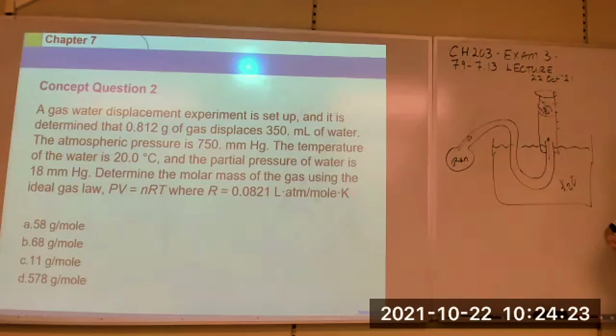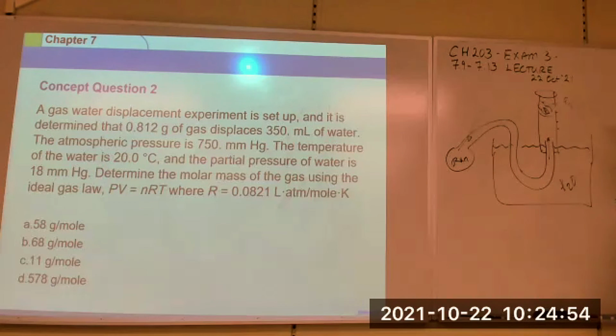The problem is, it's not just the gas in there. It's got some water vapor in it too. So we have to use Dalton's law of partial pressures. We know the total pressure in here, which would be roughly atmospheric, maybe a little bit less, because the atmosphere has to support that column of water. So you determine what that difference is, and now you have the total pressure in here.